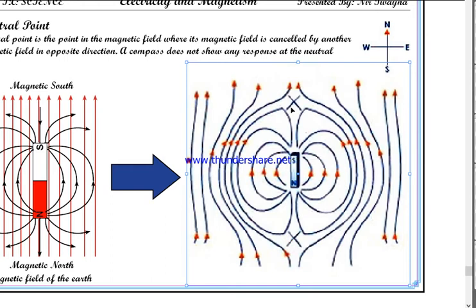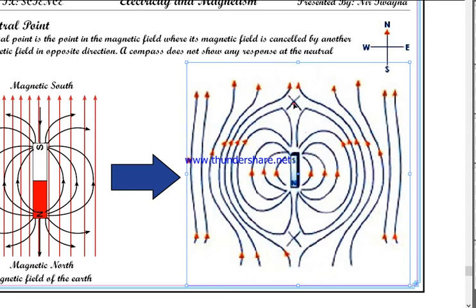Okay, and here in the upper position also there is a neutral point, because above the magnet, the magnetic line of force of the magnet is moving downward. See, it moves like this. Here the magnetic line of force of the magnet is moving downward, but the magnetic line of force of earth is moving upward.